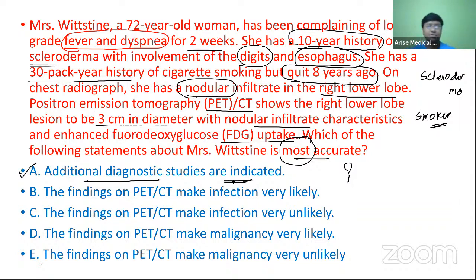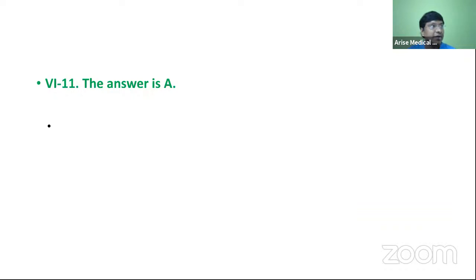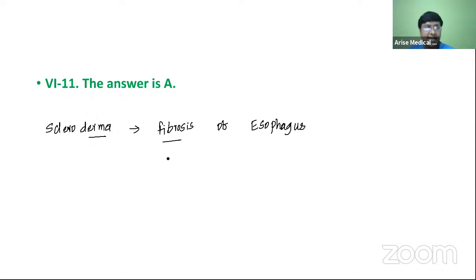Now, let me tell you, based on the 2 risk factors, you take scleroderma. In scleroderma, there will be fibrosis of the esophagus, and because of the fibrosis of this particular esophagus, there is a high chance of aspiration.